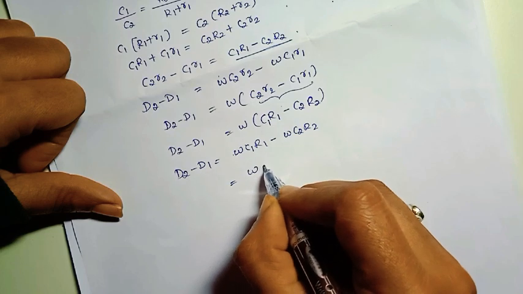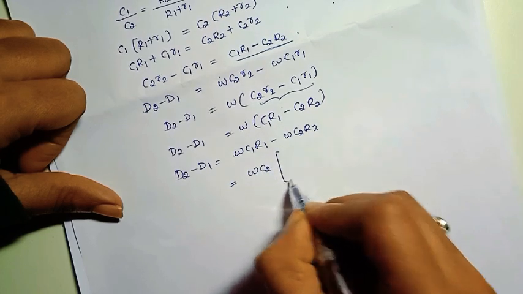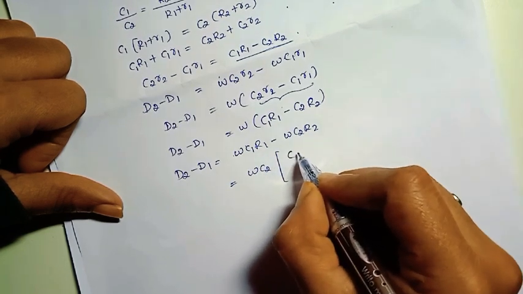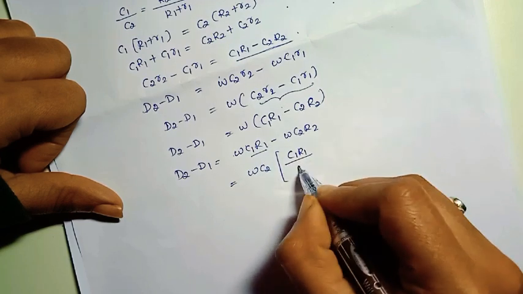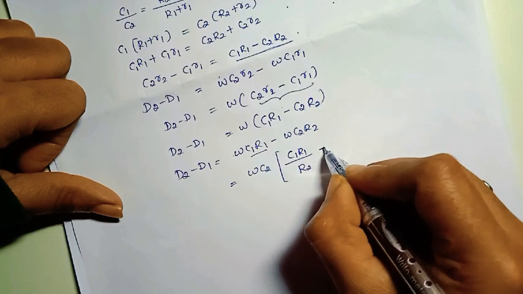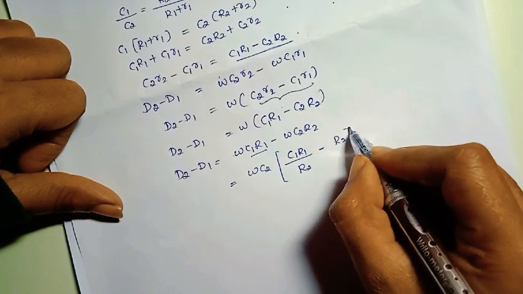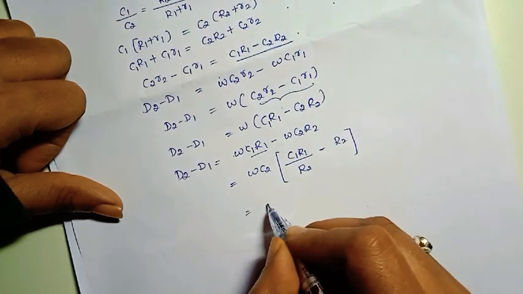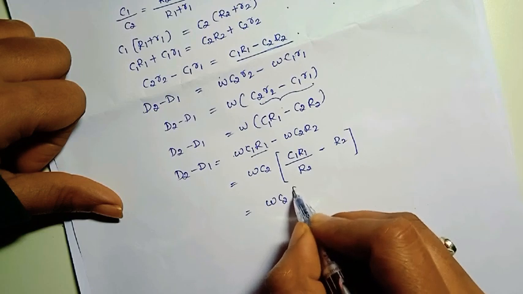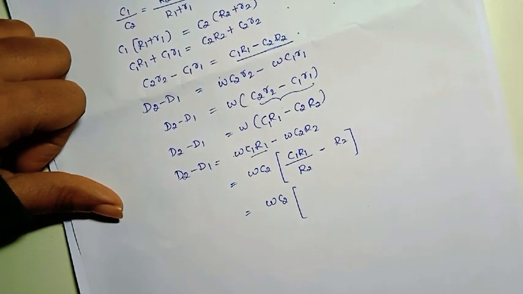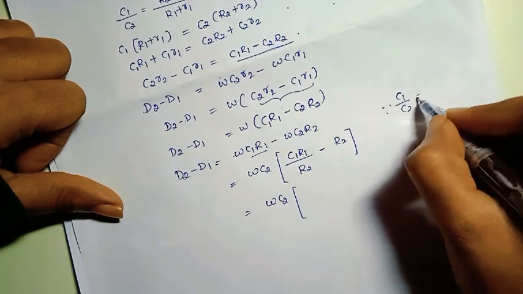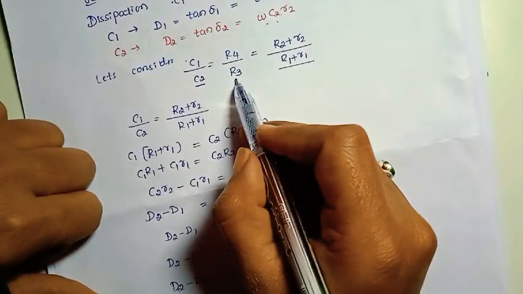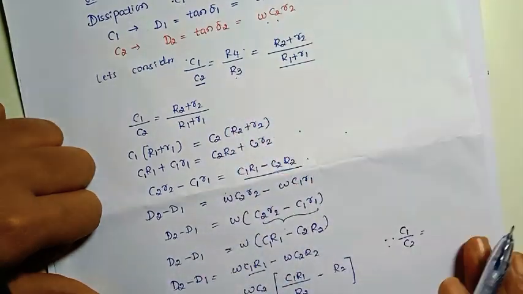Let's take omega C2 common. Here only R2 is there. Now here omega C2, C1 by C2 we can write it as R4 by R3.